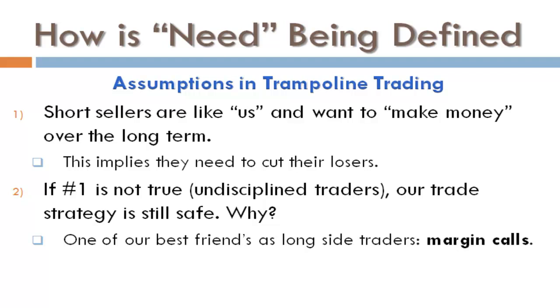However, if number one is not true in this assumption, then we have what I like to refer to as a fail-safe, and our strategy is still totally safe. As weird as it would be if number one is false, let's just assume that somebody doesn't care about making money. Then we have number two as our fail-safe, and that's going to keep our strategy completely safe.